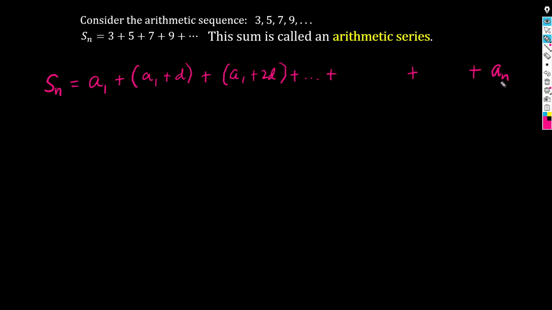So kung nth term ko or last term ko ay A sub n, paano kukunin yung second to the last term? Yung last term mo, bawasan mo ng d, common difference. Tama? Tapos itong third to the last term ko, bawasan ko pa ulit ng isa pang d. So, a sub n minus 2d. Tama? Yan yung itsura niyan.